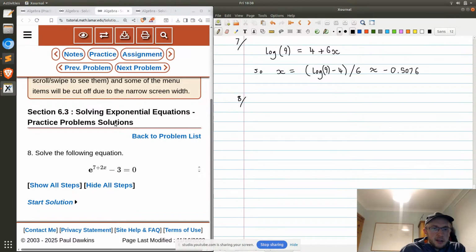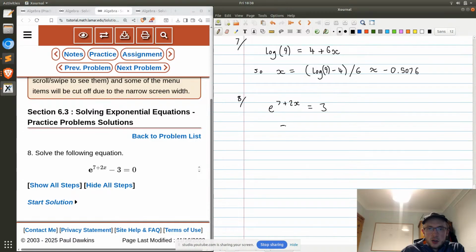E to the 7 plus 2x, take away 3, is equal to 0. So straight away, I rearrange.